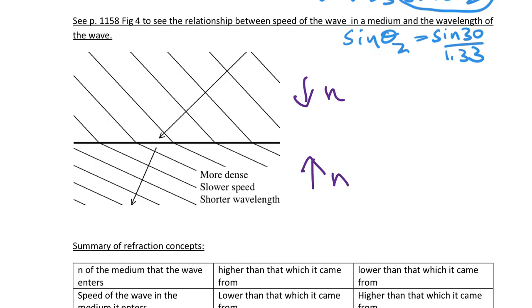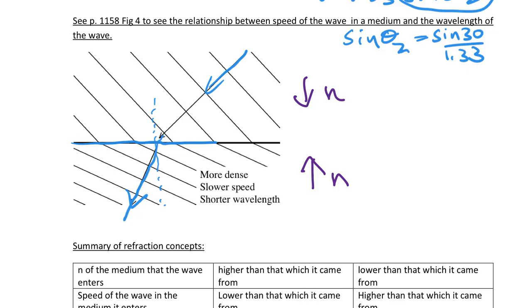Okay, this picture is showing a ray moving through a medium, hitting a boundary at an angle. Here's the normal where it hits, perpendicular to the boundary. And then what happens is it bends towards the normal.